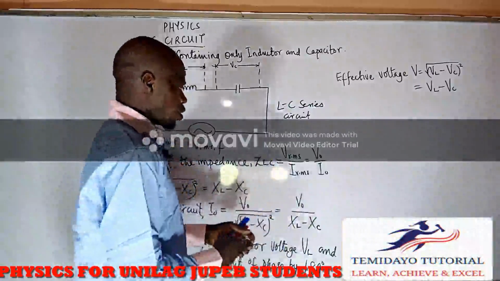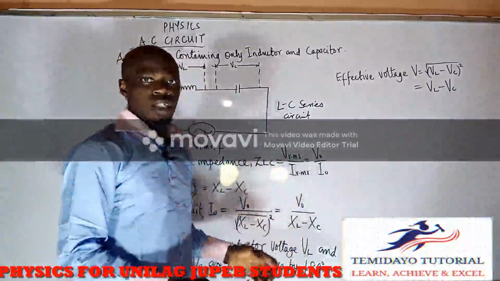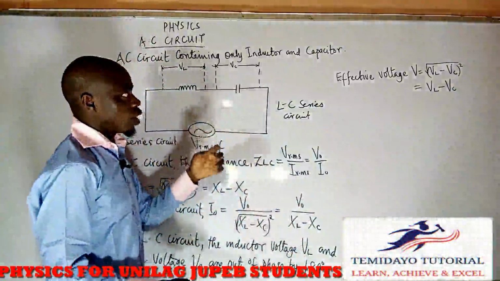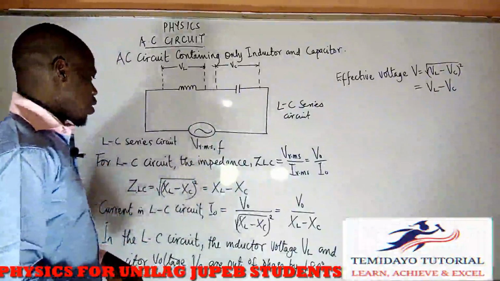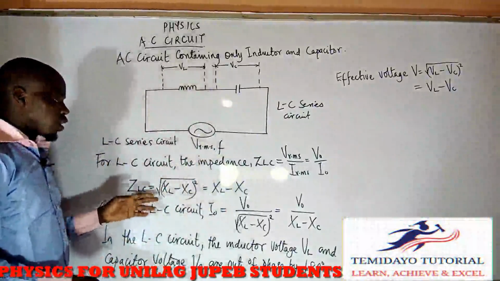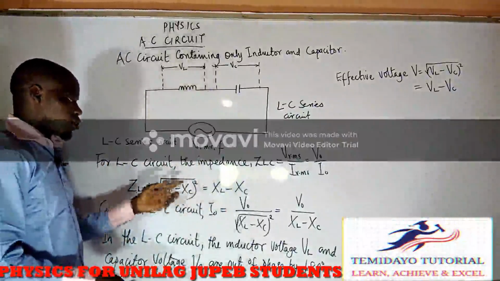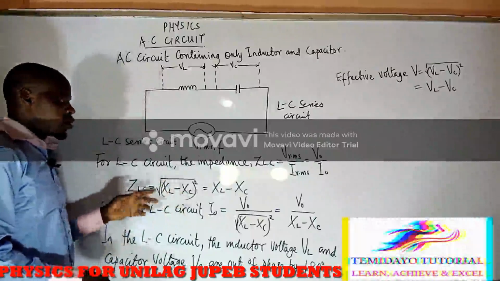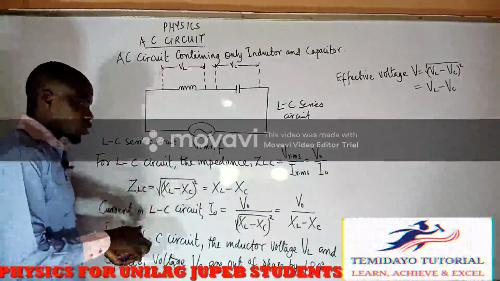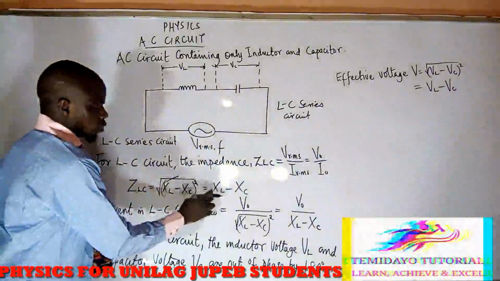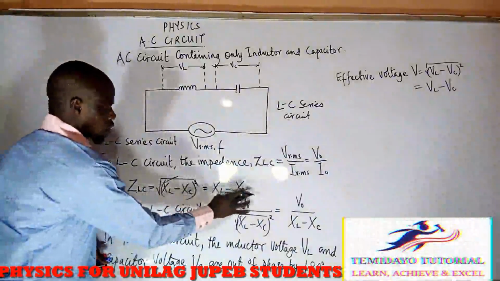This is the same as what we explained under AC circuits containing both inductor and resistor, and capacitor and resistor. Now for the impedance, you can see in this case the square root of (X_L minus X_C) everything squared. That means the impedance for the LC circuit. The square cancels the square root, which is why we have it as X_L minus X_C, as you can see here.